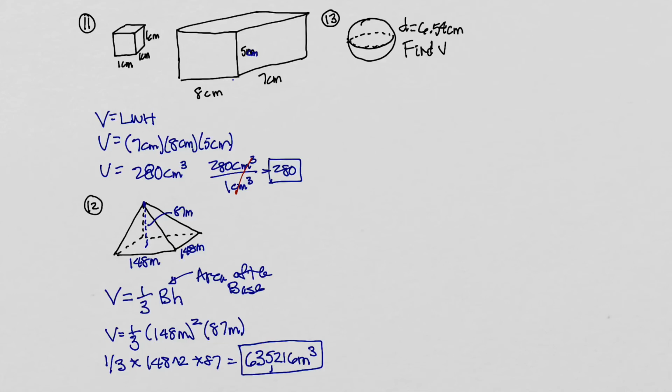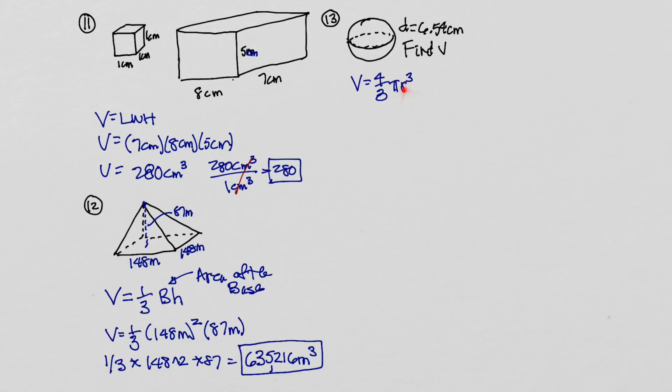Now we're given that we've got a tennis ball here in problem 13, and we're told that the diameter is 6.54 centimeters, and we want to find the volume. So what we have here is a sphere. So we need to find our formula for the volume of a sphere, and that formula is V equals 4/3 pi r cubed.